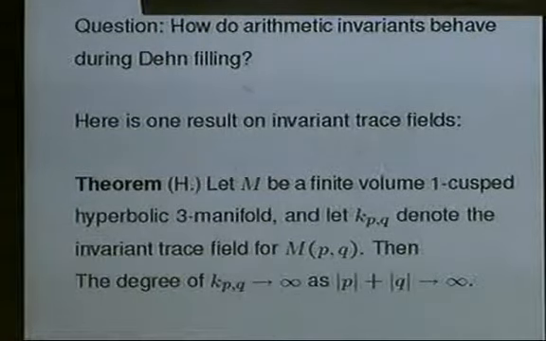Once you know that, you can also see that the trace of this group element has a minimal polynomial with degree going to infinity, and that forces the degree of the whole invariant trace field to go to infinity. So it's analysing what happens to this core geodesic that proves the result. But I think an interesting open question here is to try and get more information about how these algebraic and arithmetic invariants behave when you do Dehn filling.